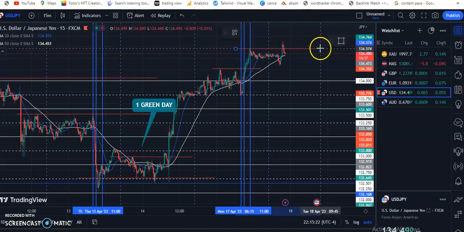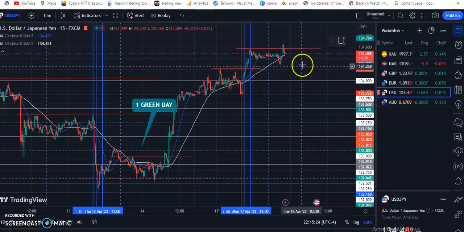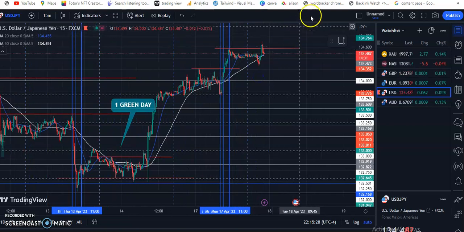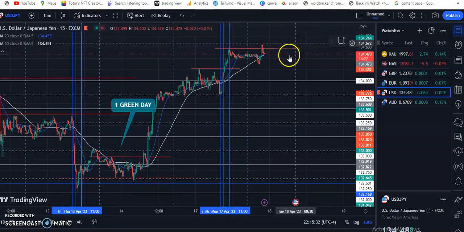So brace yourself for a pump and dump setup. We might continue higher. We might see the market playing around the high of the week and then boom, falling.